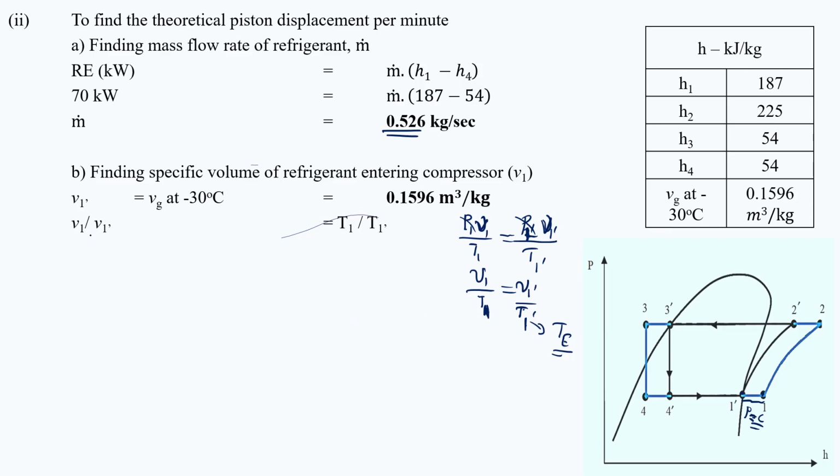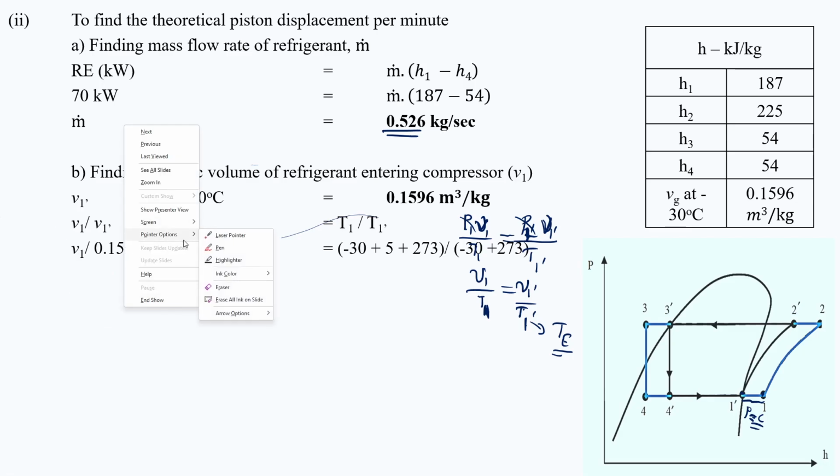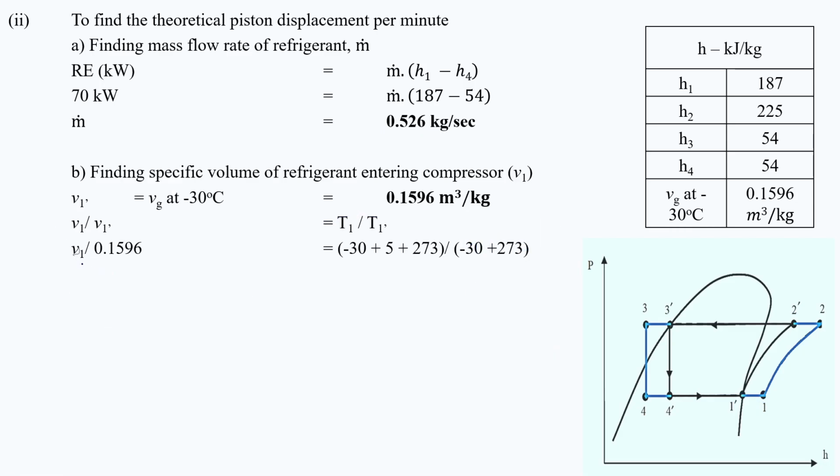So by using our ideal gas equation, which is reduced using the concept of Charles law, we have V1 by V1 dash equal to T1 by T1 dash. So V1 by 0.1596 is equal to T1, which is our evaporator temperature plus the superheat, that is minus 30 plus 5, converted to Kelvin by adding 273.